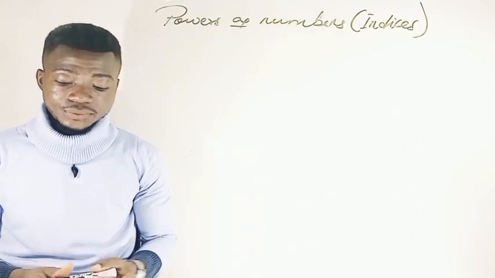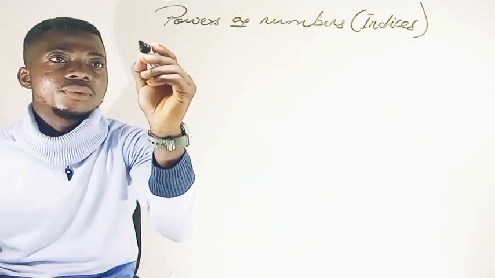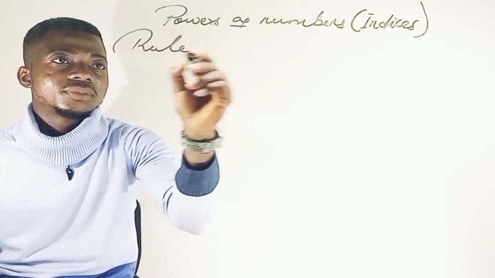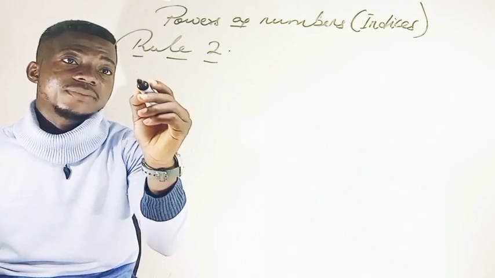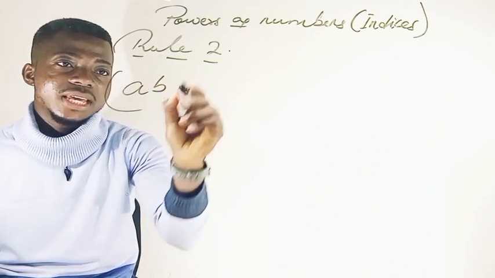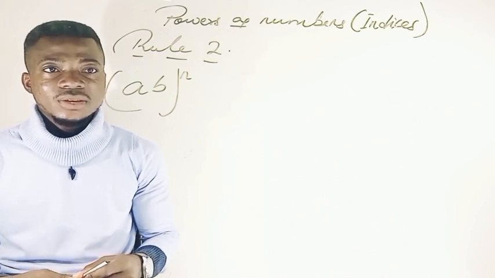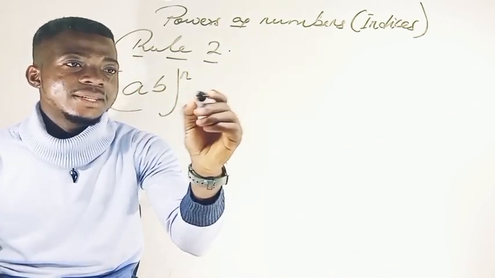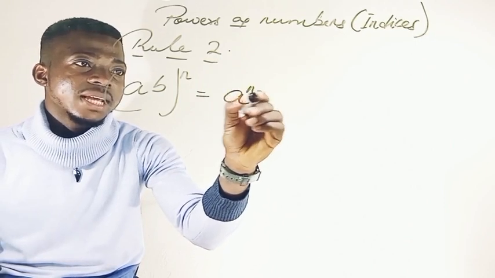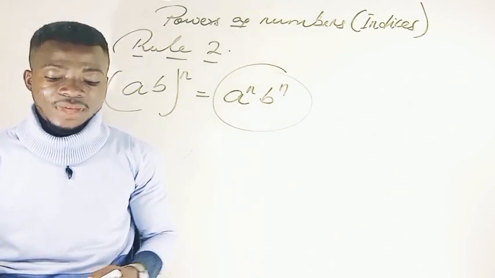Rule number 2. That is very simple. We have this one. If you have ab, all exponent n, this is self-explanatory. So you have all this exponent n. That is the same as a exponent n, b exponent n. Okay, that's it.